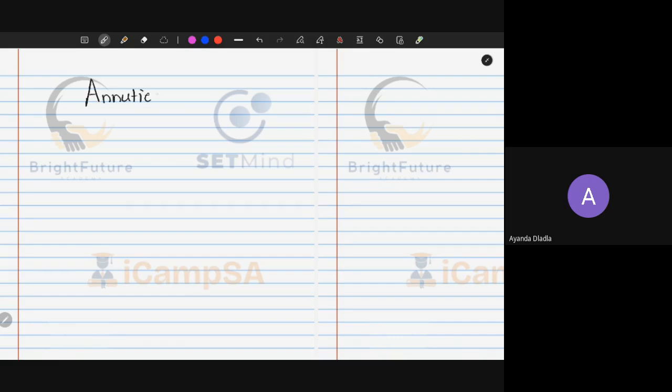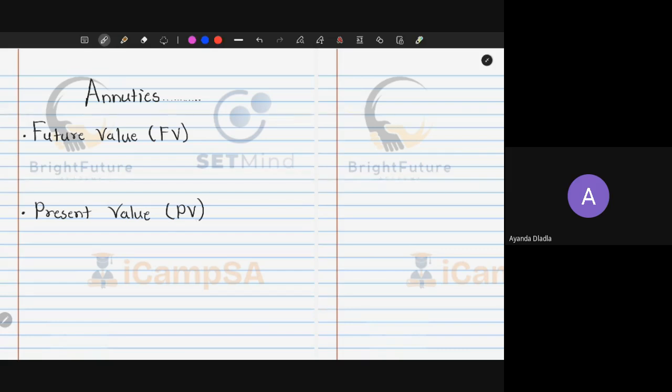This topic has a lot of marks, guys. So in annuities, you will observe that we have two really important formulas. We have a future value, which we will denote by FV, and we have present value, which we will denote by PV.